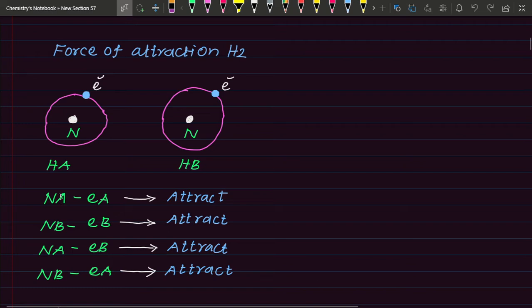Nucleus A, this is the nucleus of the HA atom, and electron A. So this nucleus is a proton, and these two, nucleus and electron, have an attractive force.